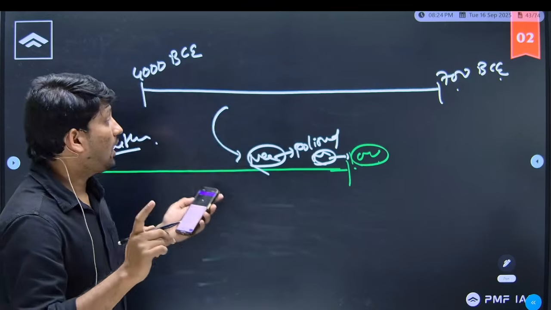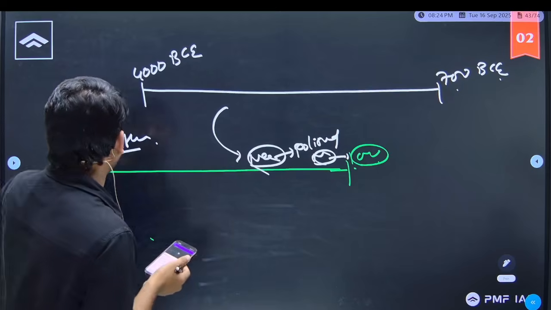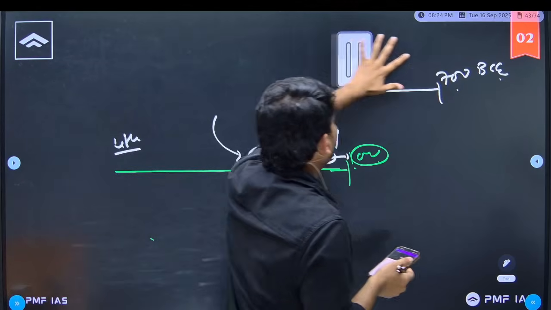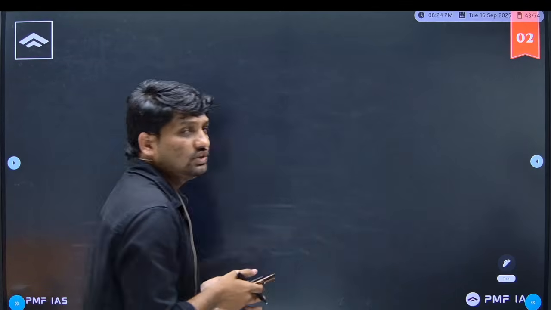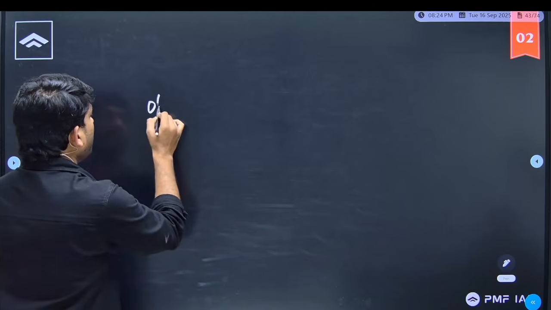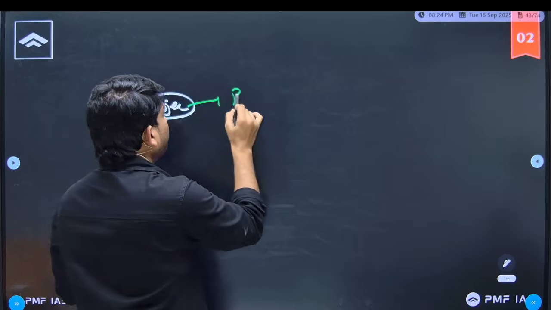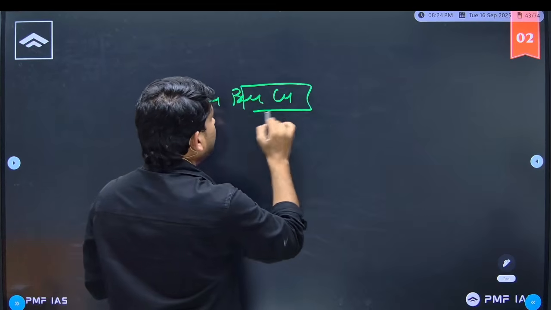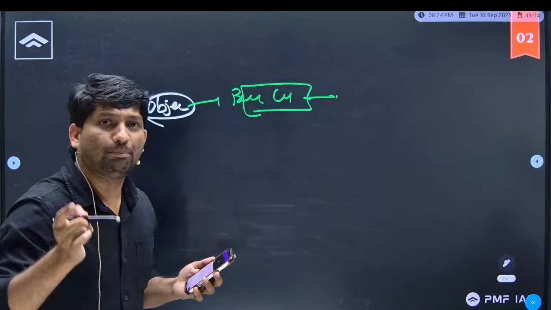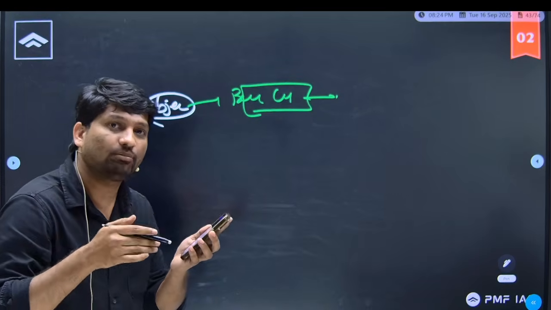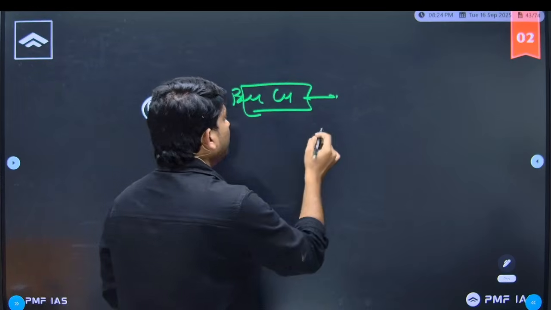See the difference between this. In the Neolithic phase, we have found just a few objects of copper, just the initial beginning of copper. In some Neolithic sites, we have found evidence of copper.